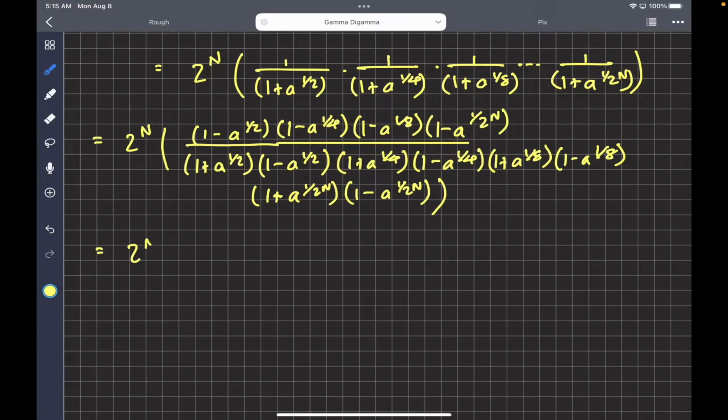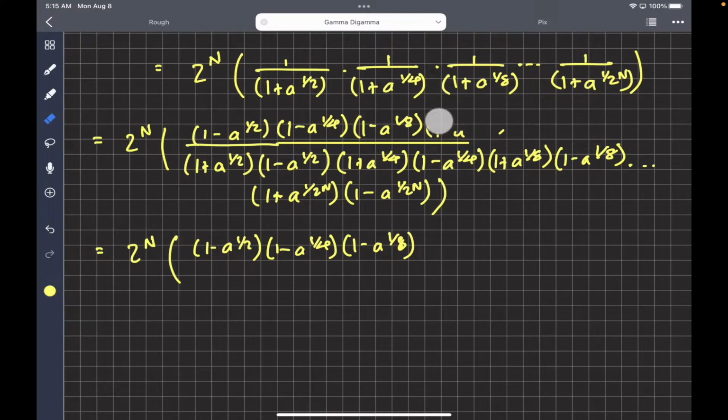That's helpful because we can keep the numerator as it is. I have forgotten the dots.